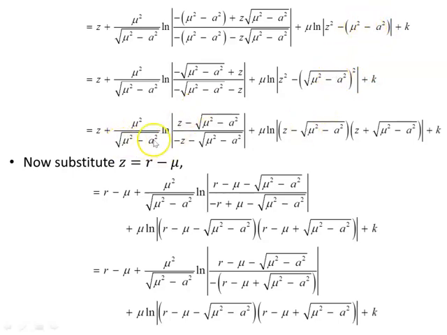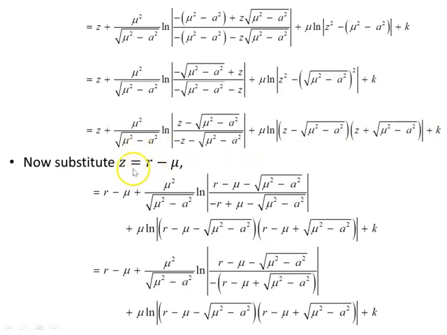Okay, next step then, the next line down, we'll take the z and put it out front here, and we'll take the z here, minus z minus that. And then here, we will write this out as a difference of perfect squares, z squared minus this object squared, so that becomes z minus the object times z plus the object. Mu out front, constant k.